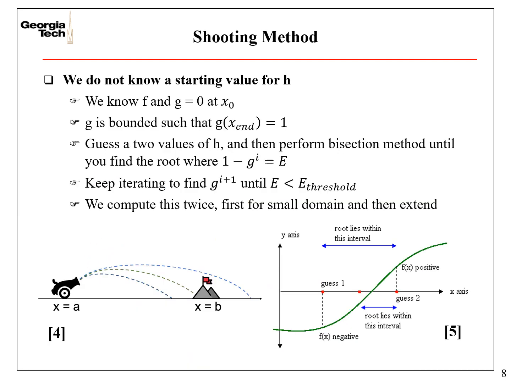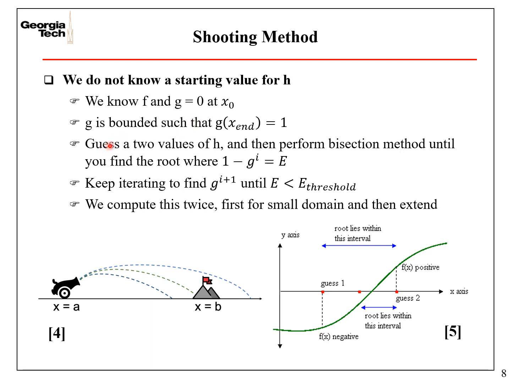Now, we need to employ the shooting method for the reason that we do not know a starting value for h. We do not know our initial condition for h. We know that f and g are equal to 0, given that g is equal to 0 since the velocity at the start of the plate is equal to 0. That's why we're defining that.